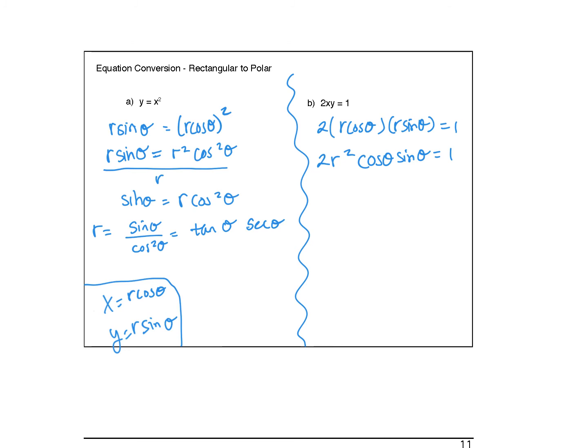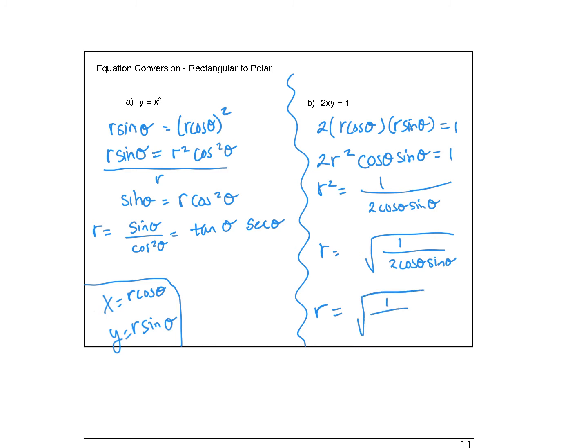So if I divide by the 2 cosine theta sine theta, I have r squared equaling 1 over 2 cos theta sine theta. Square root it. So this is another example where that answer is acceptable to me, but we could acknowledge that 2 cos theta sine theta is equal to sine 2 theta. Both are fine.